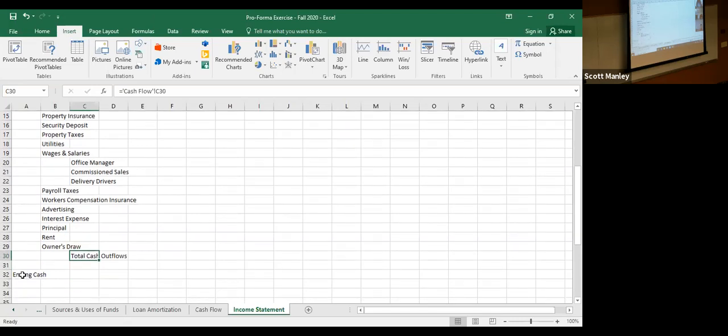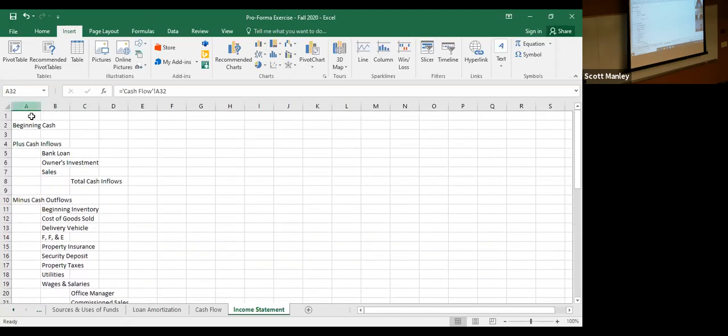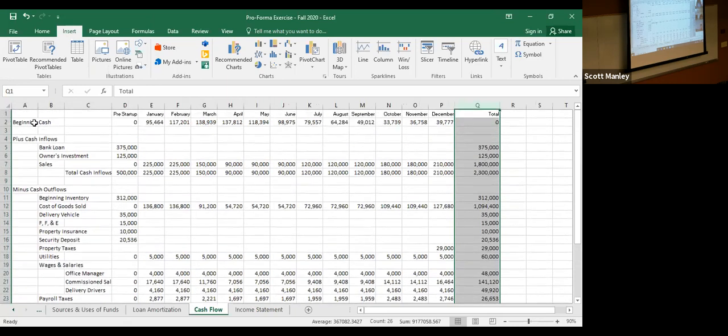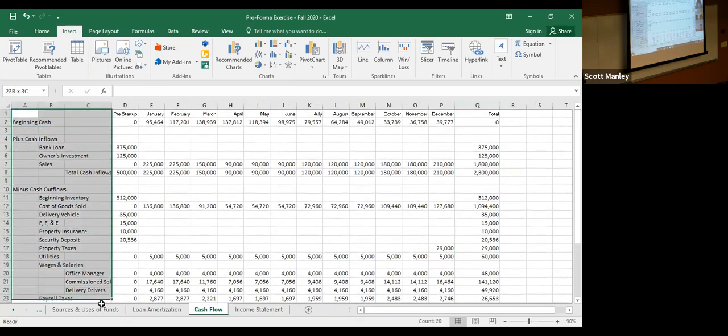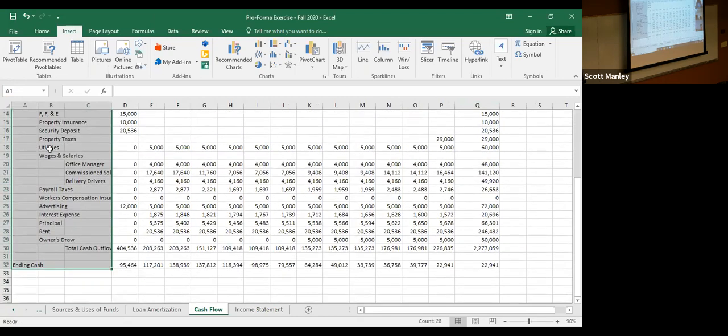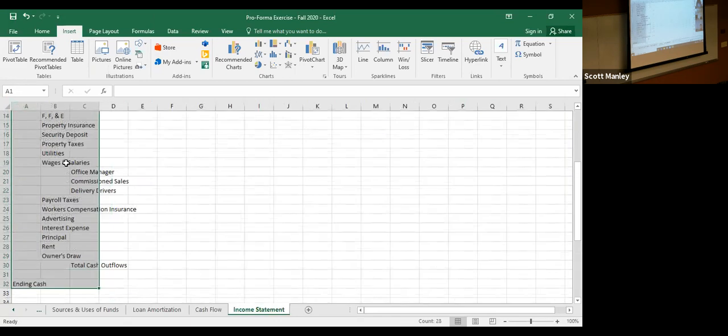All right, so here's what I want you to take away from that. If I look at what's in these cells right here, now what do I have? I have exactly the same stuff that's in these cells right here. Okay? Those cells right there on my cash flow are exactly the same as these cells on my income statement. Okay. Remember, the reason I'm doing this, y'all, is very, very simple.